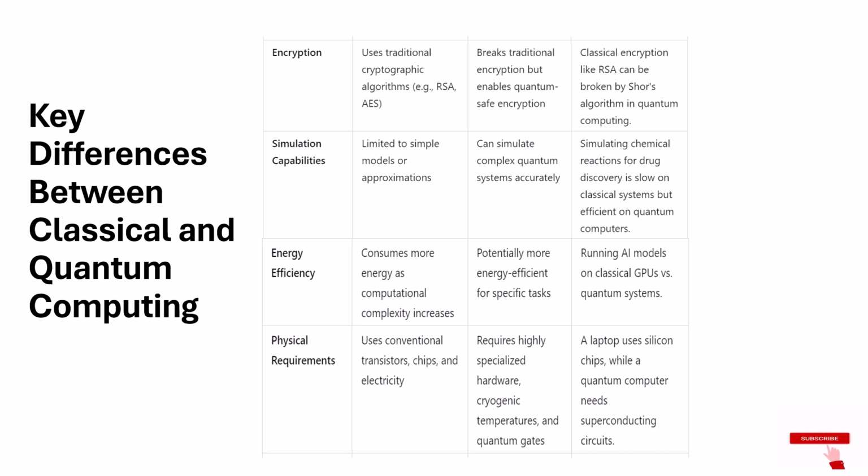In terms of physical requirements, classical computers still use transistors, chips, and electricity, whereas in quantum, we require highly specialized hardware, cryogenic temperatures, which is really, really cool, and quantum gates.